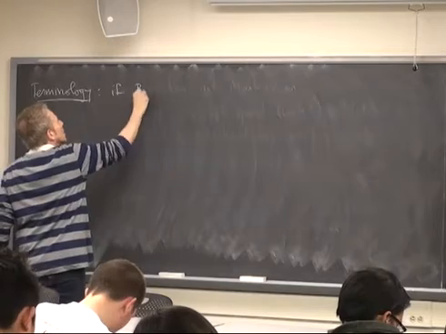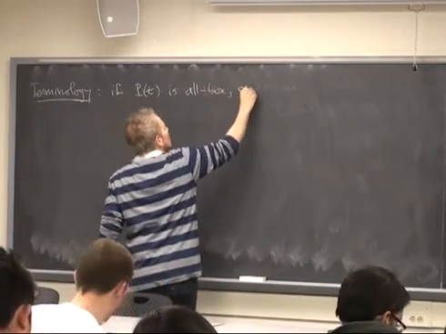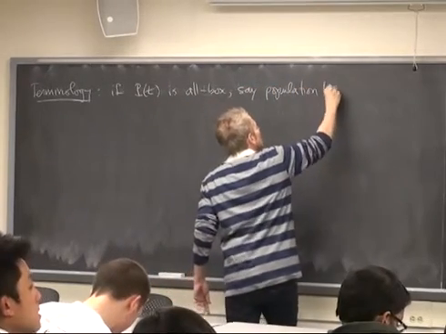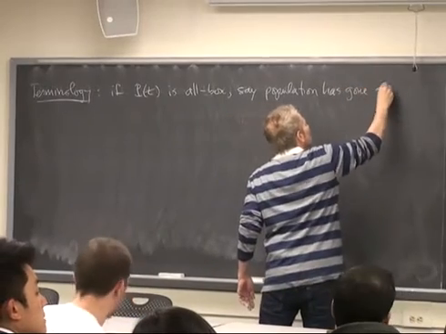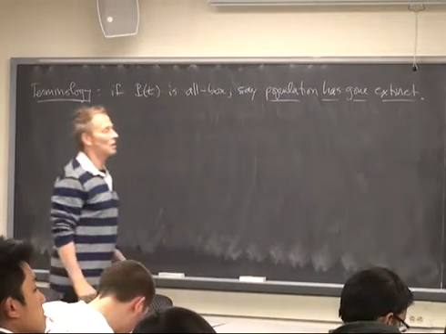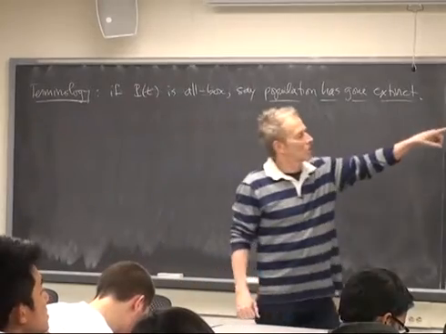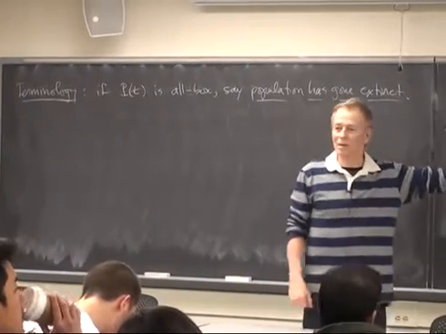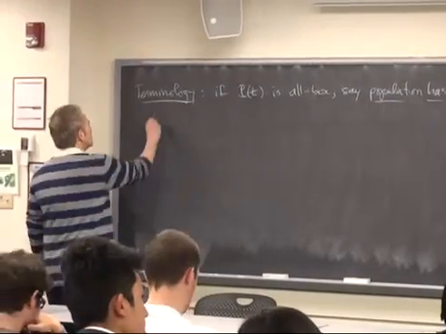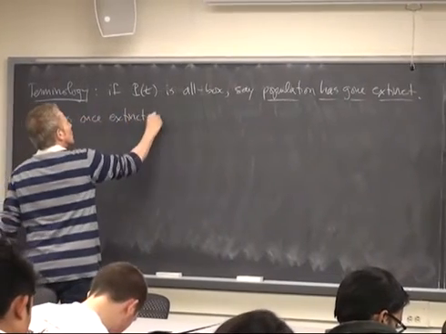If P at any time t is all box, we say that the population has gone extinct. Okay, so that's just so I have a one-word characterization of that situation. And because of the first rule of evolution, that a box gives birth to a box, so to speak, once a population is extinct, it's extinct forever. So thus, once extinct, extinct forever.